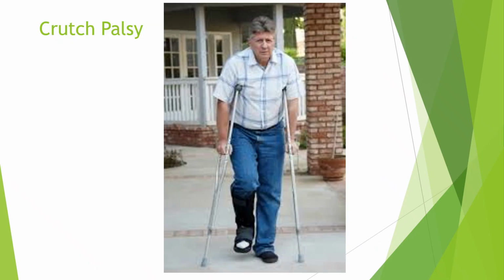This image indicates the crutch paralysis, that is the radial nerve is compressed in the region of the axilla due to the continuous usage or the faulty usage of the crutch. This results in loss of extension of the elbow, wrist and the digits.